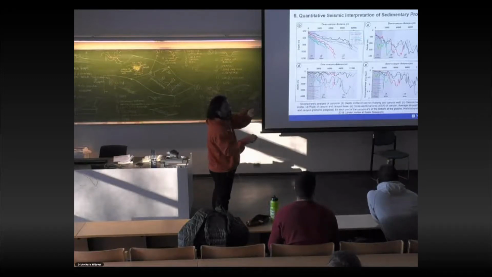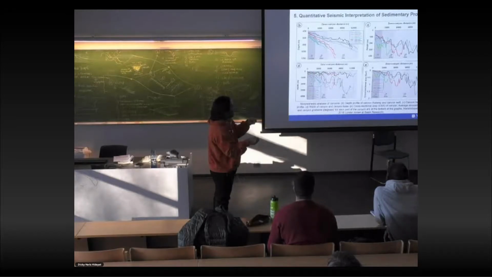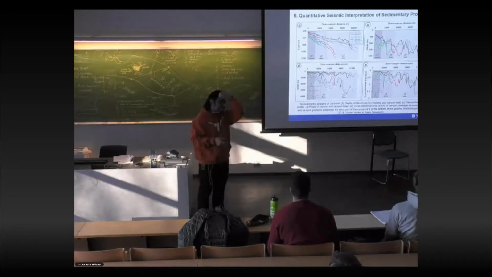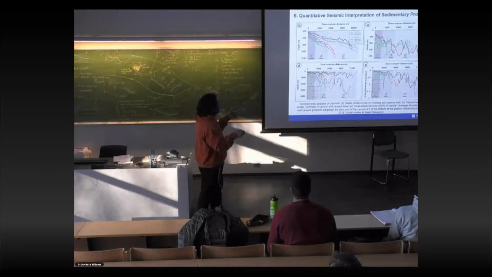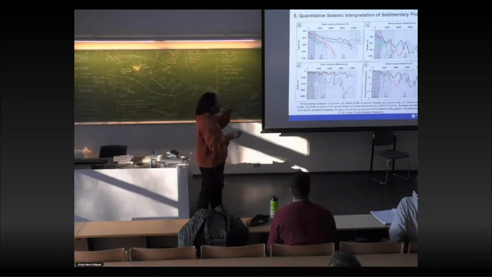But the trend is not always good, because look at this green one here. You see, you have a jump here and boom, like this. Why is it like that? Is it because the measurements are not correct? The measurement is correct. I do have uncertainty in the depth conversion, because when I measure the height, I need to convert my seismic into depth in meters. The uncertainty is like 5 to 10 meters, but it doesn't really appear here.